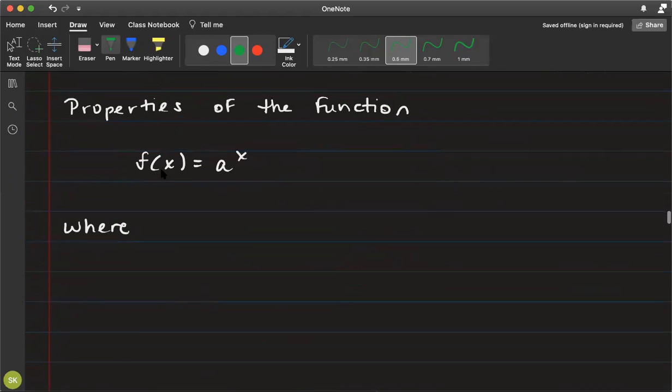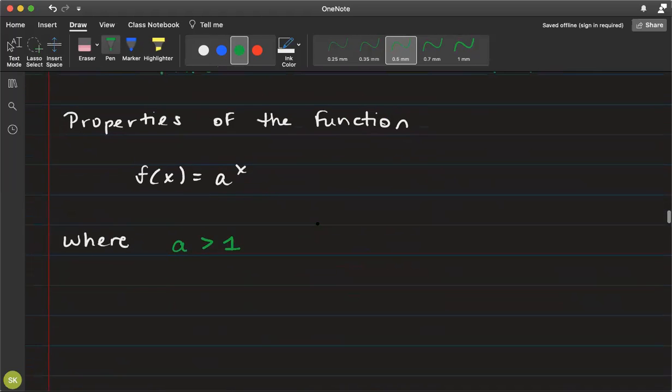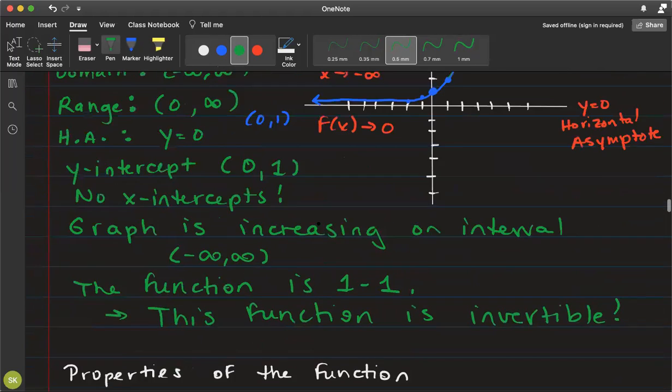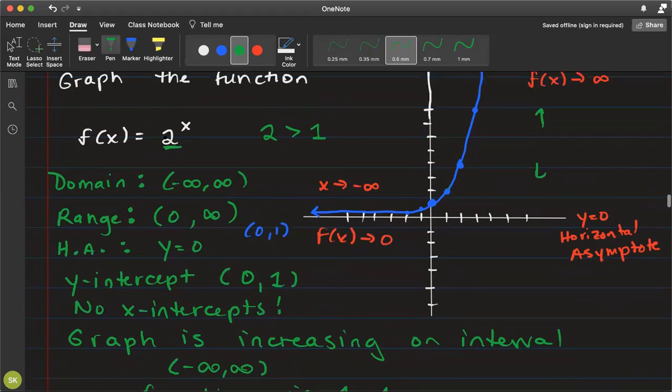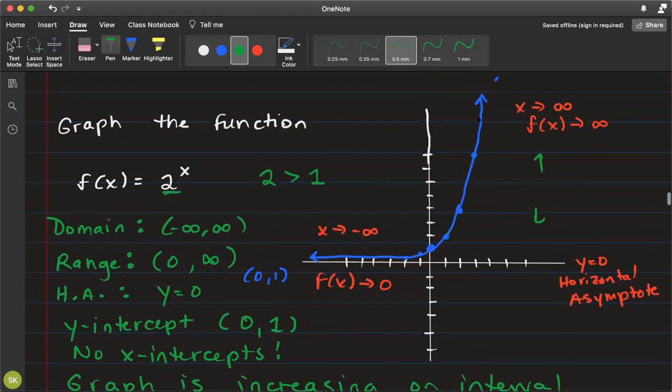So properties of the function f of x equals a to the power x, where a is greater than 1. So what are some properties? It turns out, let's look back at this graph. If you put any number here greater than 1, you're going to get the same looking graph. Why is that? So let's try a different number here.